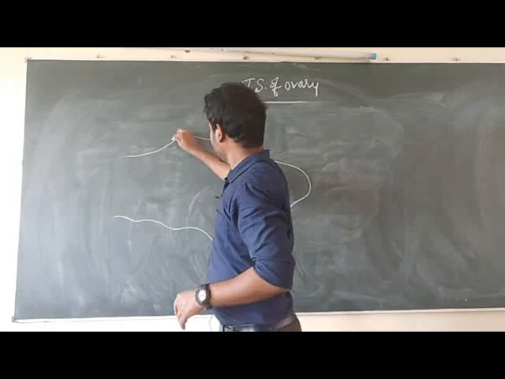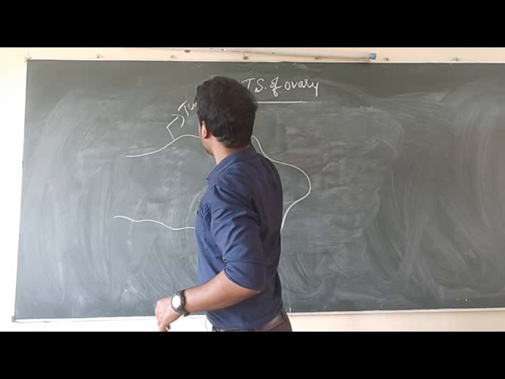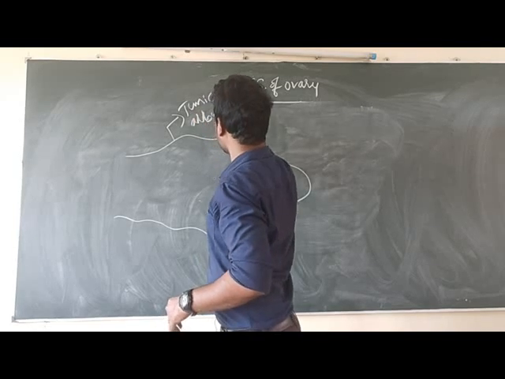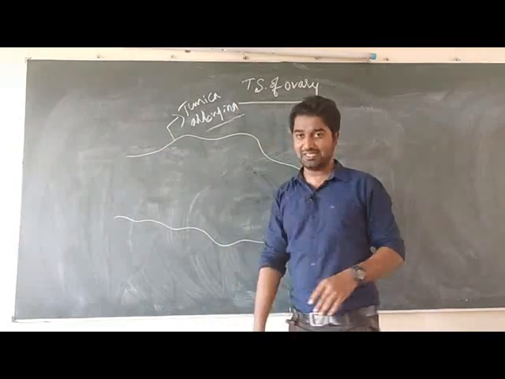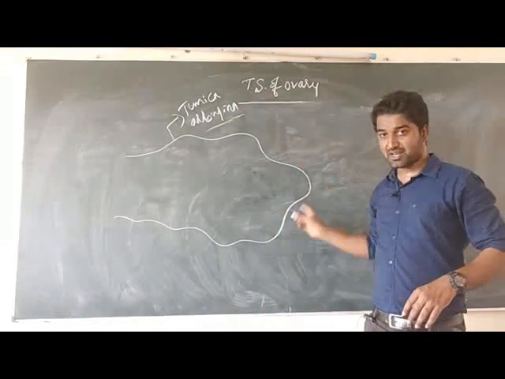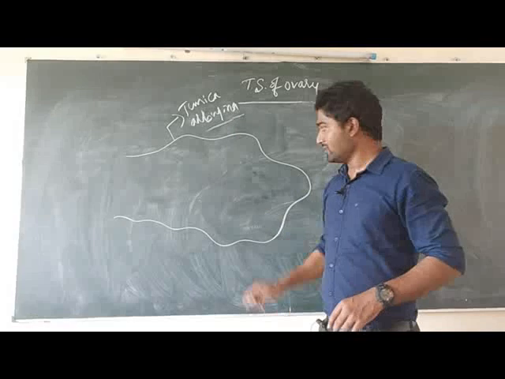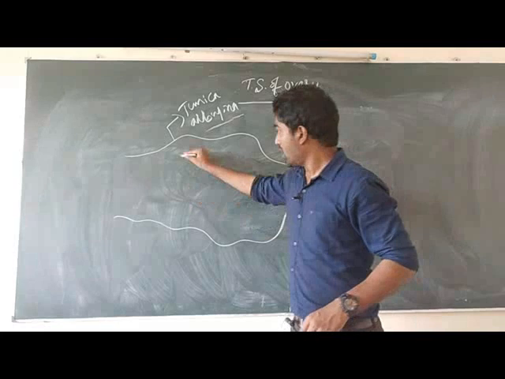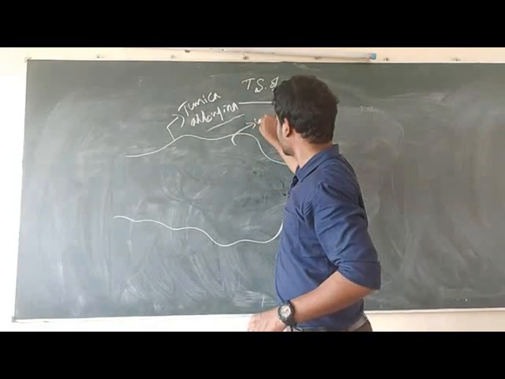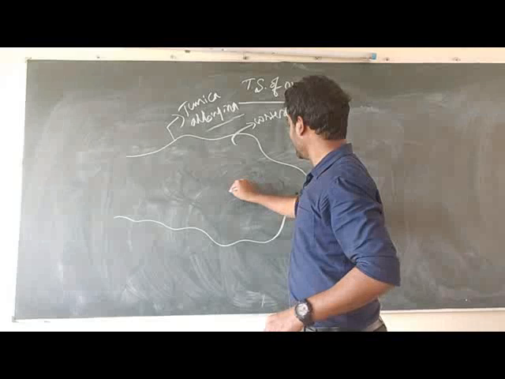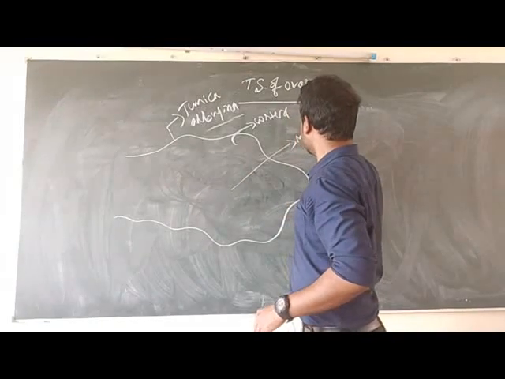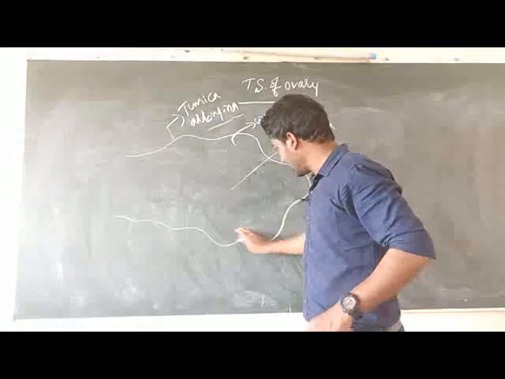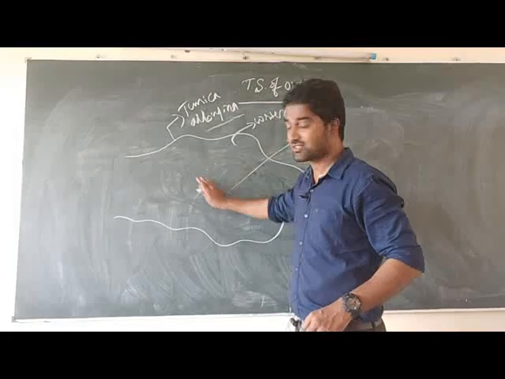So this is the outermost layer of the ovary, and again this inner area can be divisible into outer cortex and inner medulla. This peripheral area is known as cortex and this innermost area is known as medulla.